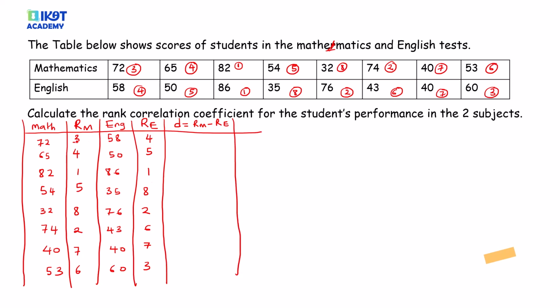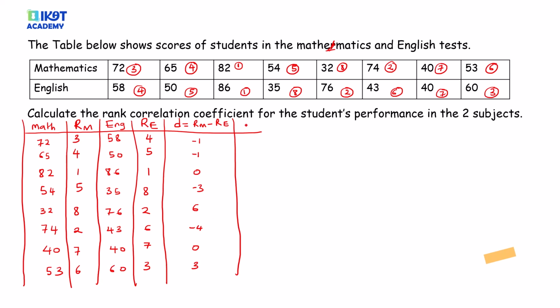So I'm going to start subtracting. 3 minus 4, you get negative 1. 4 minus 5, you get negative 1. 1 minus 1, we get 0. 5 minus 8, we get negative 3. 8 minus 2, we get 6. 2 minus 6, we get negative 4. 7 minus 7, we get 0. 6 minus 3, we get 3.